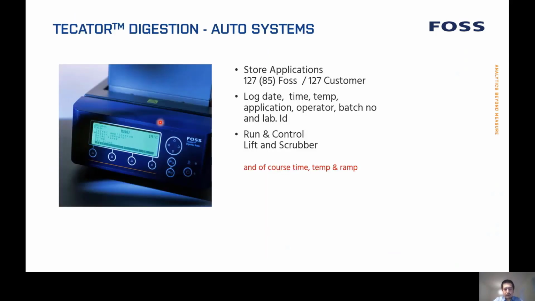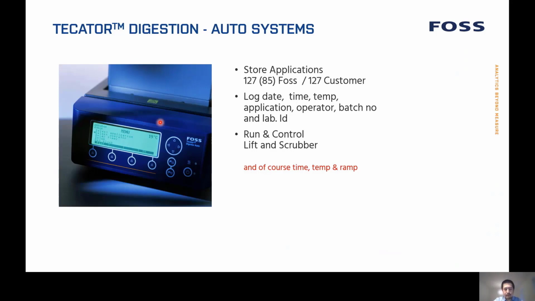The other thing is, for the automatic version of this digester, we are providing built-in applications. This is also application notes which have been preset in the digester software. You can have up to 127 applications, and these applications are all based on the reference method. You can just select the application and then run it.